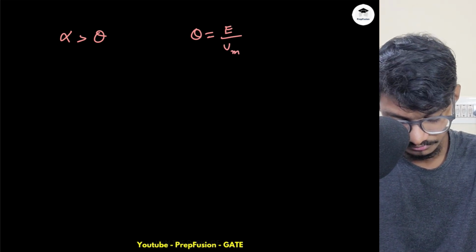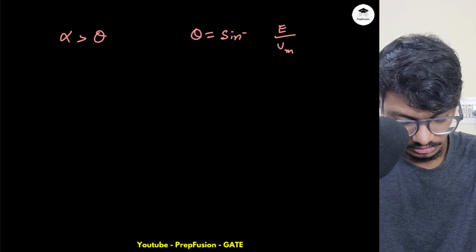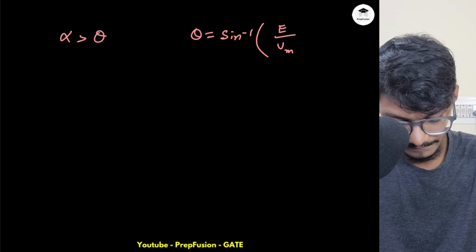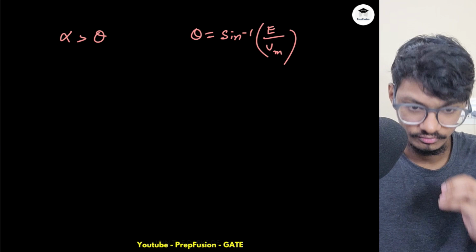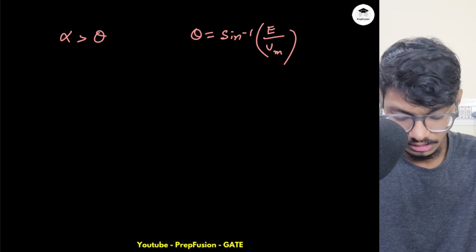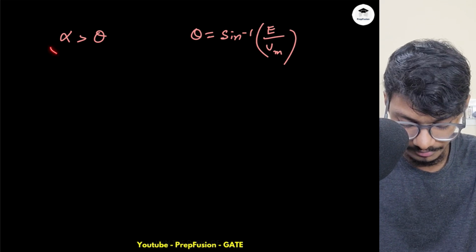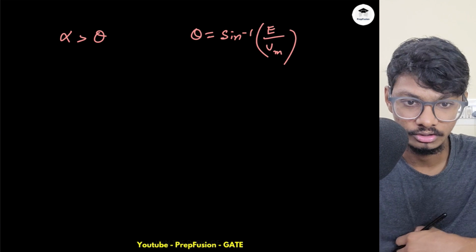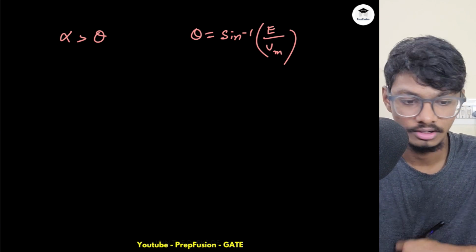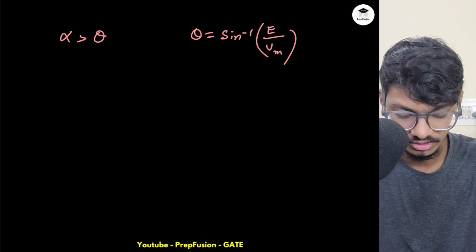So we need to check the value of theta. For a GATE question you don't need to check; generally your alpha will be greater than theta, and obviously your SCR needs to be in forward blocking mode, then only you can trigger it. Else you cannot trigger it, the SCR will not turn on. But still, as we have more time, we will check all these things here.